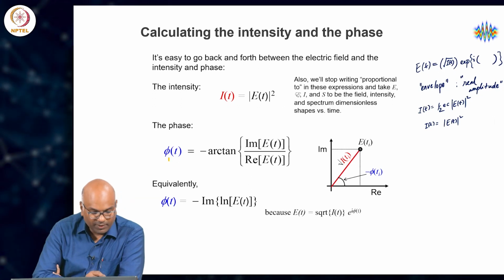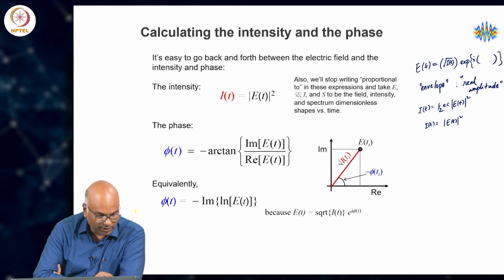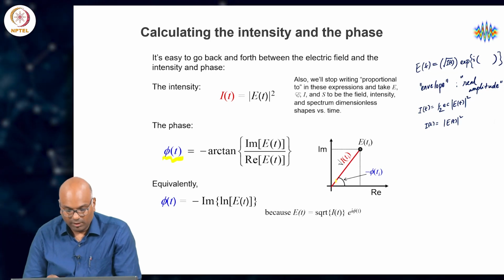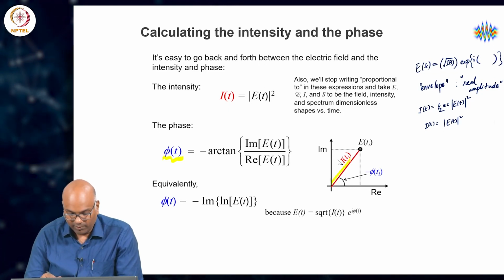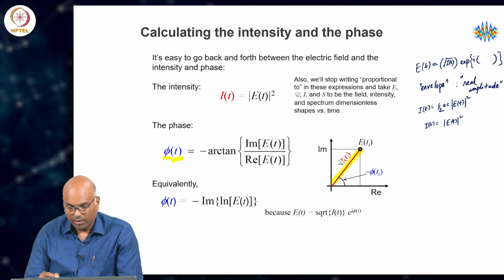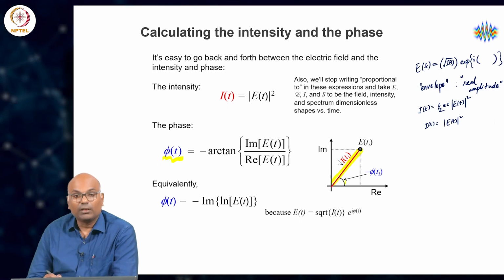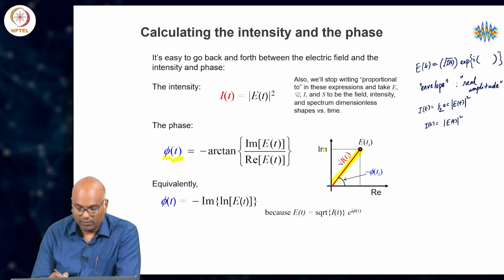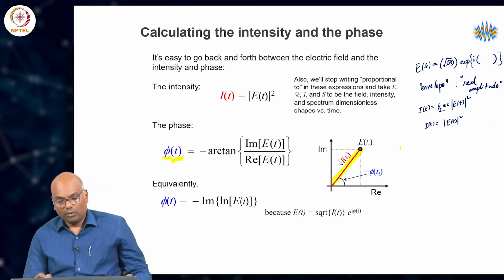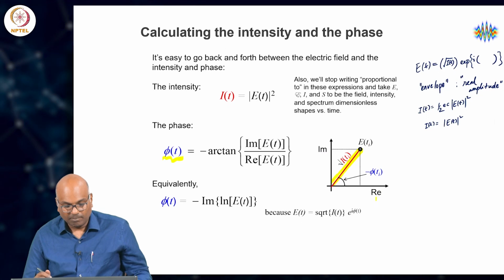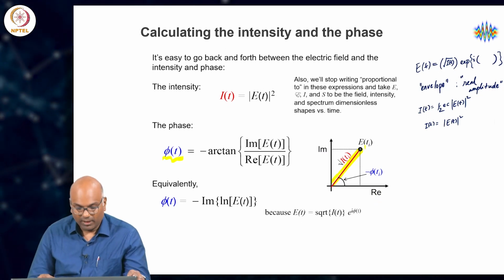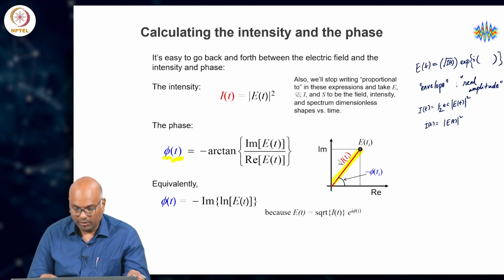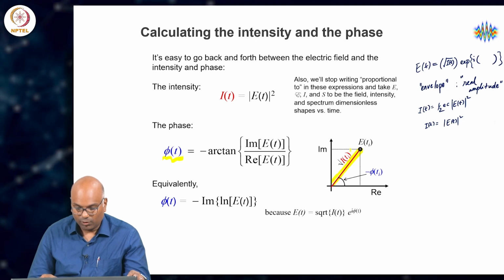Okay, so now what about the phase itself? The phase function is phi of t. Since all information about the wave or the pulse is contained in E of t, taking recourse to the polar representation of complex numbers, the real axis being the horizontal and the imaginary axis being the vertical, all we can immediately say is that the electric field has a length, like a vector in this plane, which is the square root of I of t.